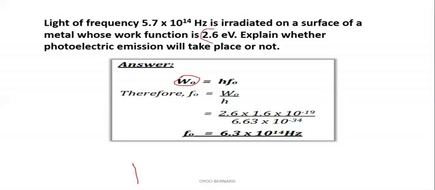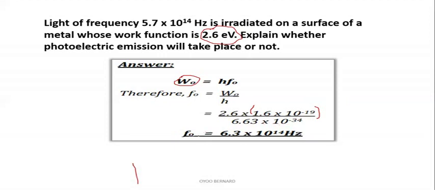Because it is in electron volts, we have to convert it to joules, which means we multiply it by 1.6 times 10 raised to negative 19. We divide by Planck's constant. Always pay attention to the value of Planck's constant that you're given. In this case, we are using 6.63 times 10 raised to negative 34.